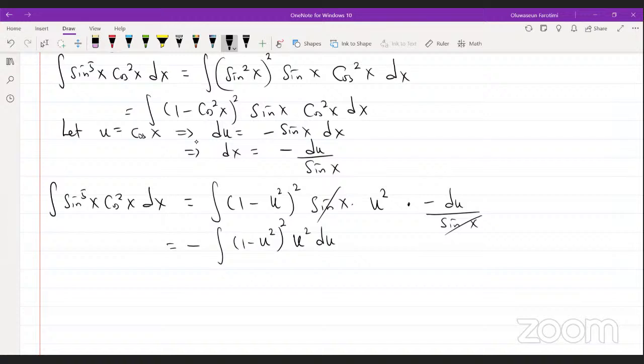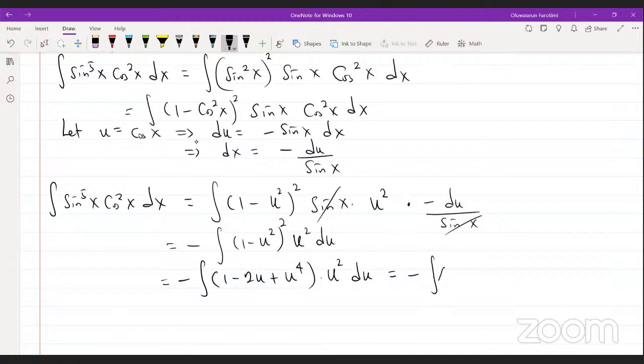Okay, so what do we do from here? I'm definitely going to multiply this guy twice. So if you do that, you have a negative up front. You do have the integral of (1 minus 2u squared plus u to the fourth) multiplied by u squared du. All right, so if you even multiply this guy, foil this guy, you have a negative up front.